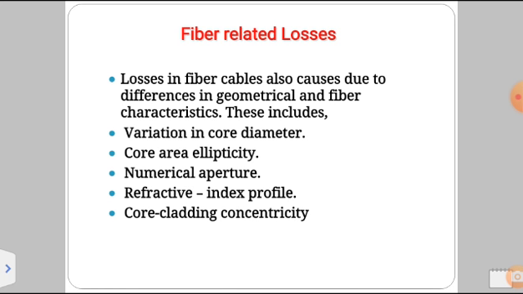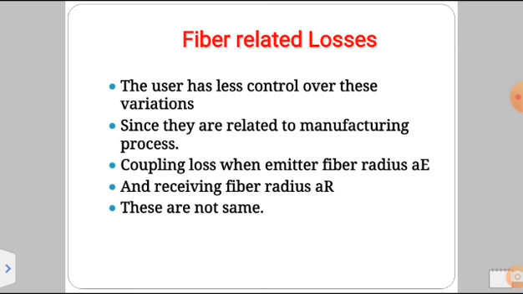Next is core cladding concentricity. Core cladding concentricity is a manufacturing problem, a geometrical problem or geometrical difference, and fiber characteristics or materials, whatever it may be, the core cladding concentricity also causes certain losses. So next, let me go through some of the other factors which cause fiber joint losses.